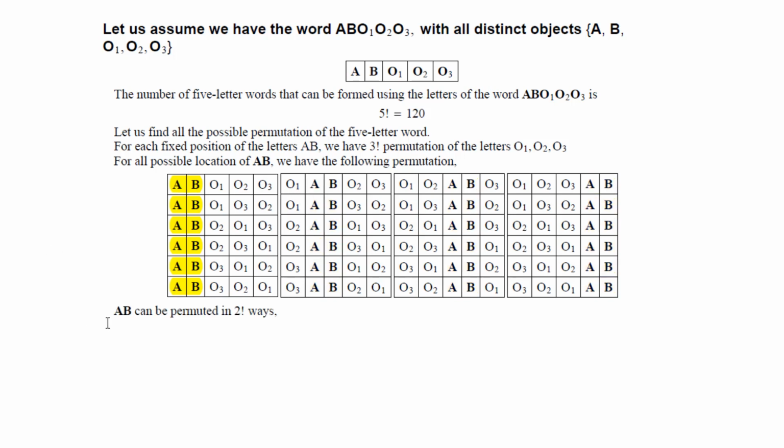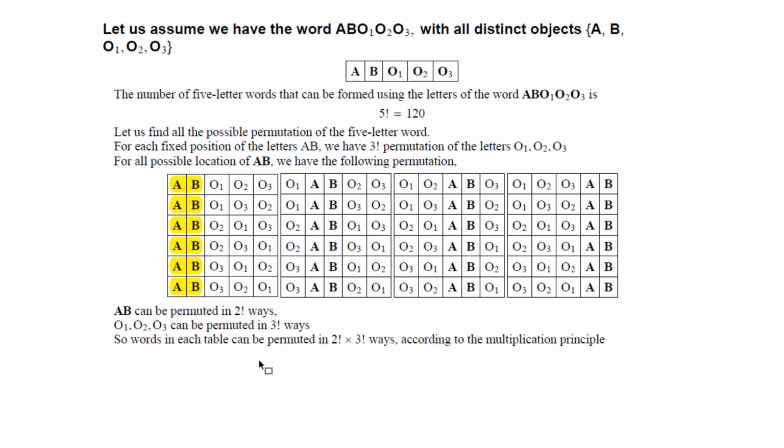So AB can be permuted in 2 factorial ways, and O1, O2, O3 can be permuted in 3 factorial ways. So words in each table can be permuted in 2 factorial times 3 factorial ways according to the multiplication principle. So each table contains 6 times 2, 12 different words.